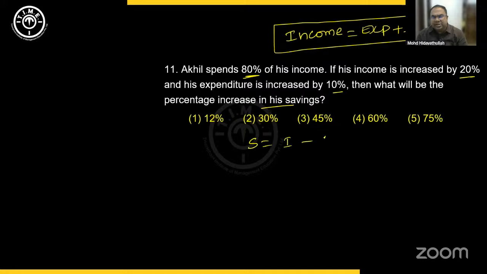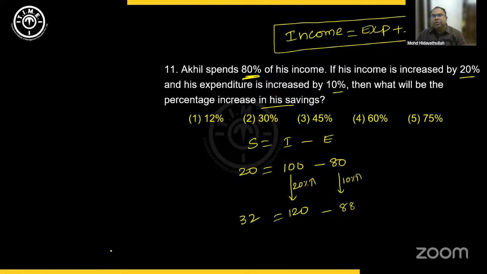Income minus expenditure. Now, if I take income as 100, expenditure is 80% of his income. 100 minus 80, savings are 20. Now, income 20% increase, 100 becomes 120. Expenditure 10% increase, 80 becomes 88. 120 minus 88, what are my new savings? 32.